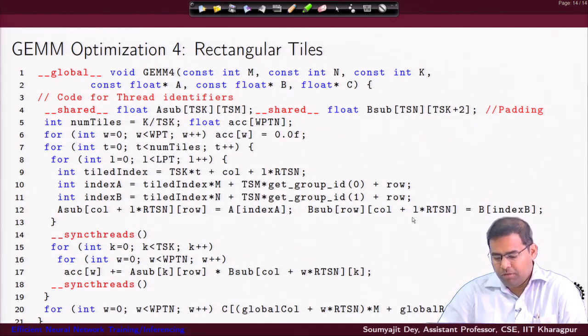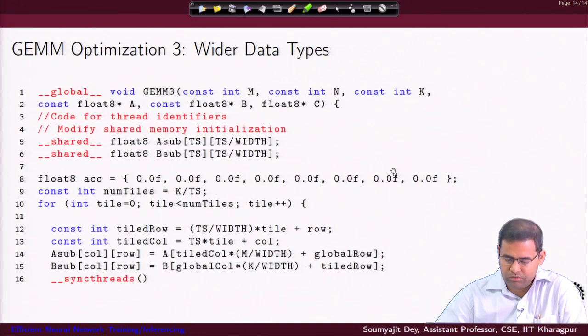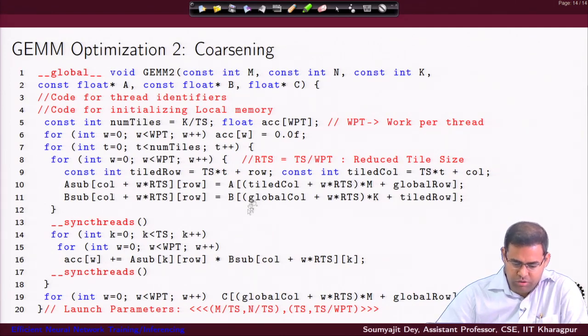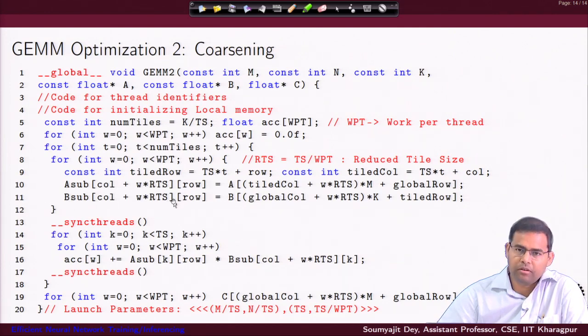But then there is a problem when I am loading the data. If you look at the previous codes, let us look at the previous code of the Courtsand version, which was optimization 2. This is how I was doing the load. From B I was transferring the data into the shared memory representation of B. That was all nice.